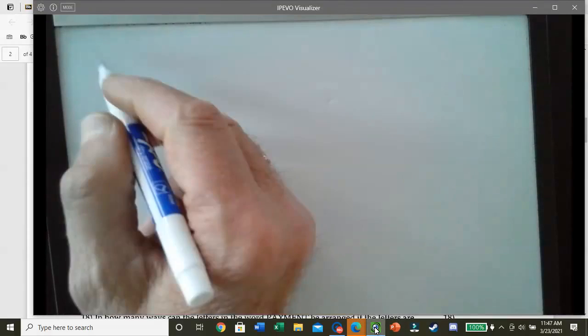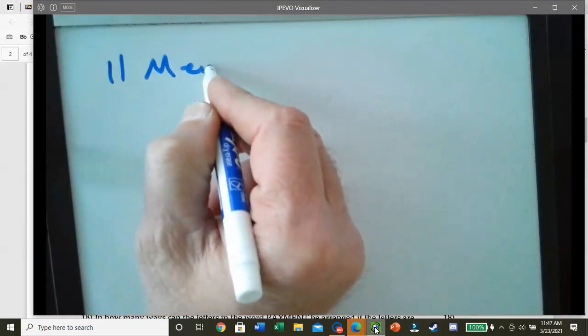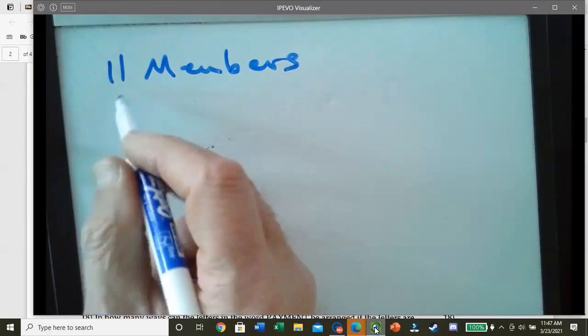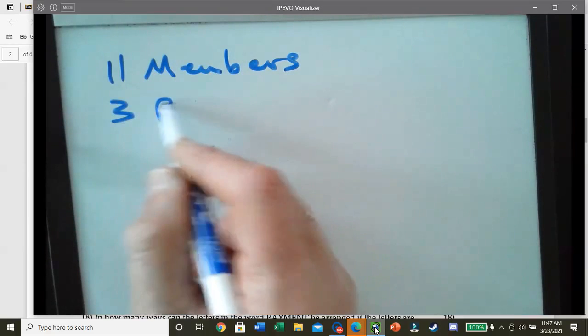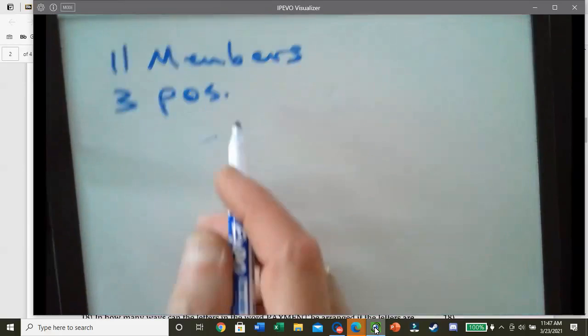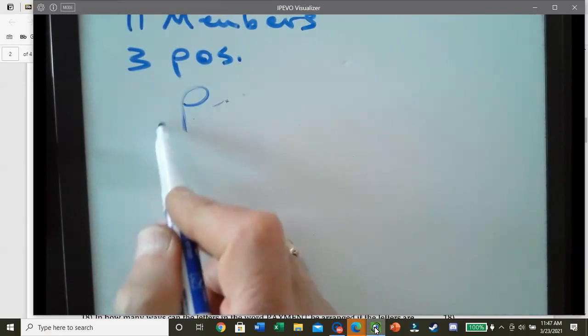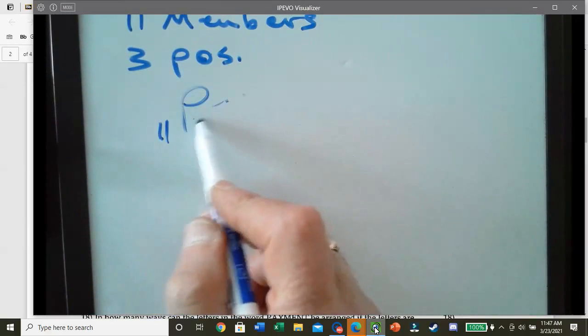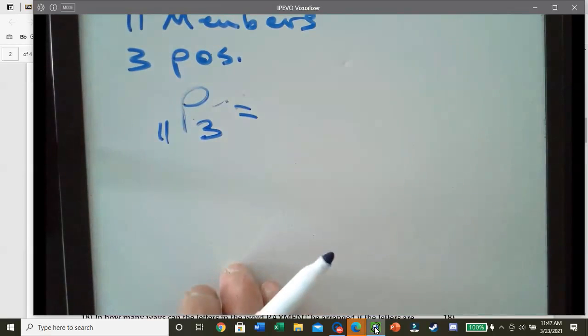So you got 11 members, and you got 3 different positions. So it's going to be permutation because order matters. 11 taken 3 at a time.